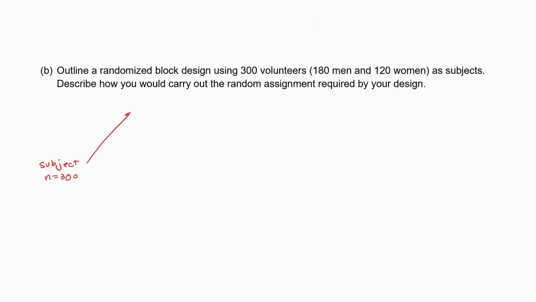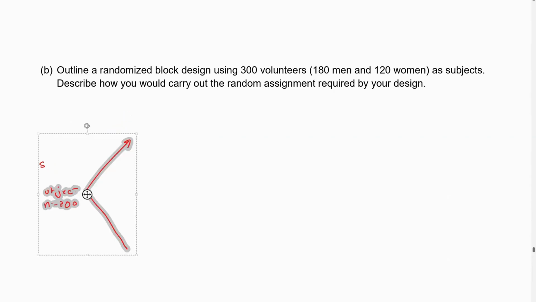Now let's block. I think I'm going to need a little bit more space than that. There we go. All right. Let's block for our men, where there's 180 of them, and then our women, where there's 120 of them.